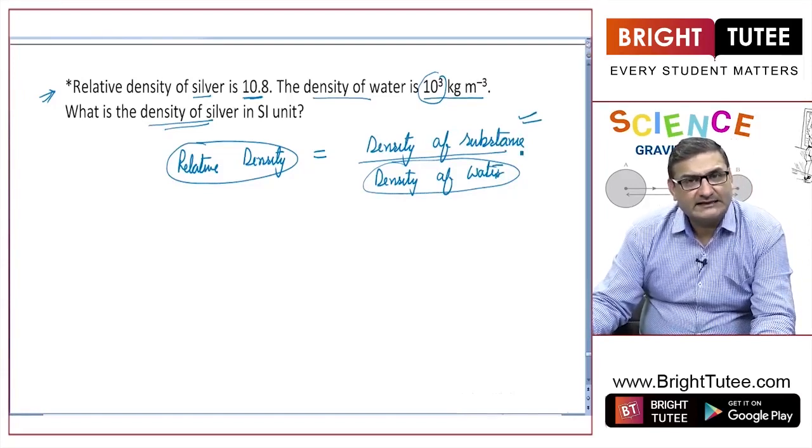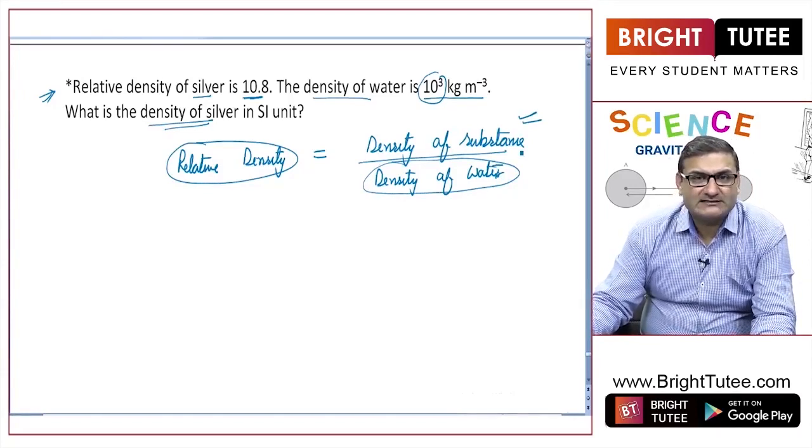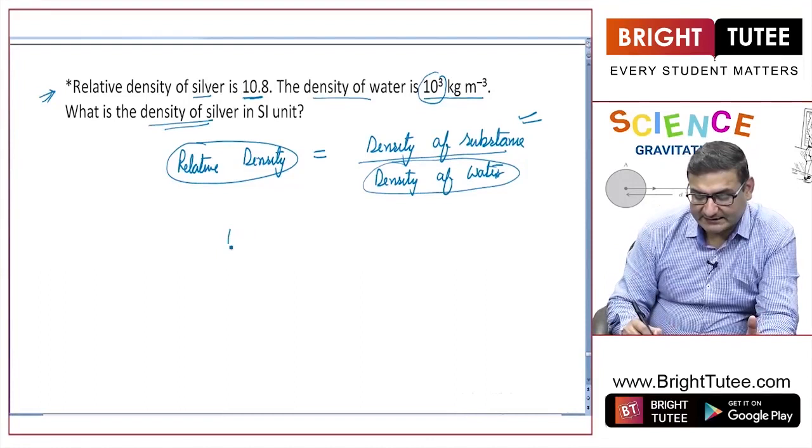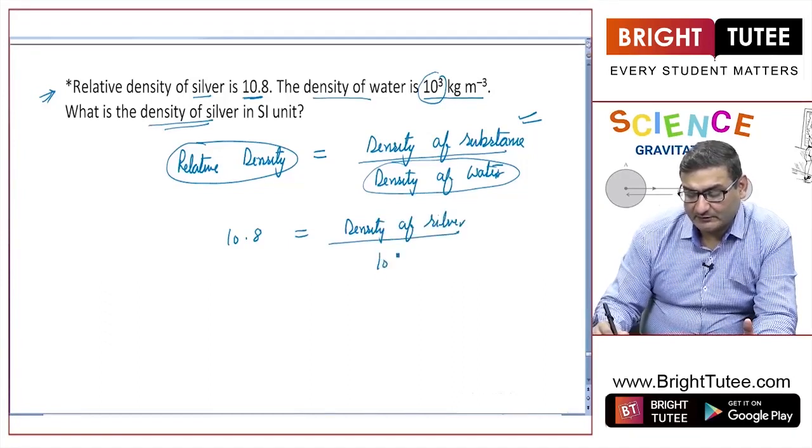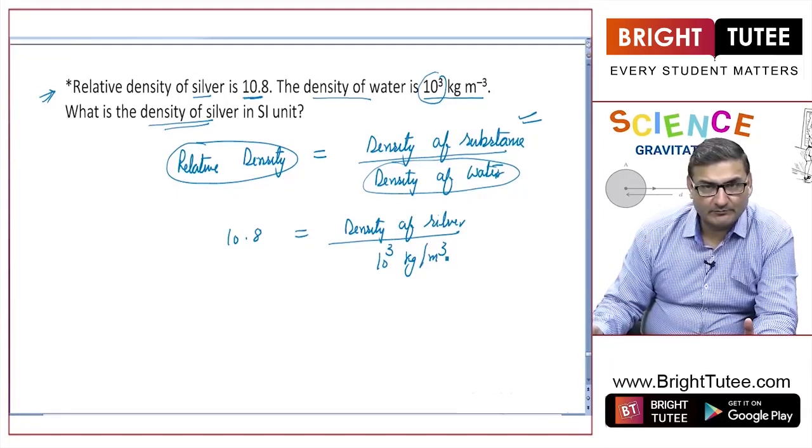So in the formula, three things were included. Out of these three, two are given. We can simply calculate the third one. How? Putting the values. Relative density 10.8 is equal to the density of the substance, that is silver, divided by the density of water, 10 to the power 3 kilogram per meter cube.